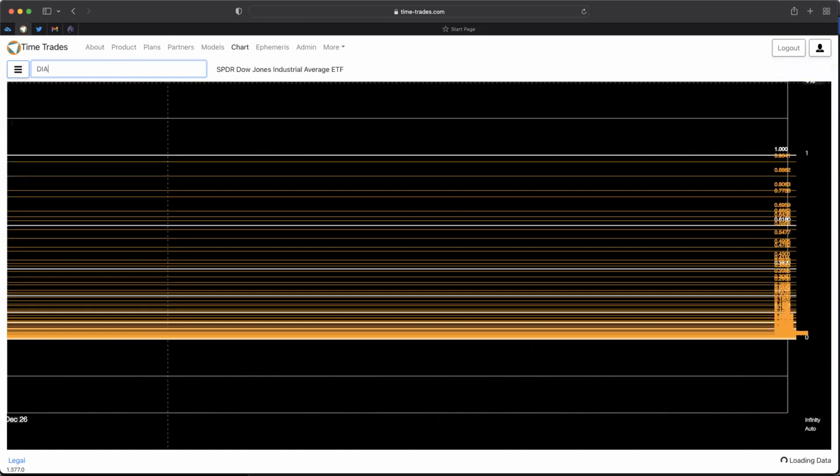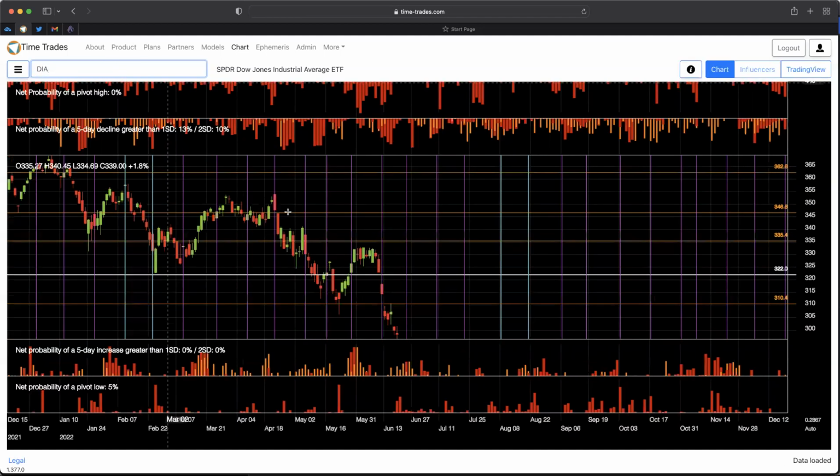Okay, so let's look at the diamonds. The diamonds are showing a pivot low on Friday or Tuesday, followed by some up days. And it looks like the down pressure returns a little earlier in the diamonds, June 27th. So there seems to be general alignment between the 3 major indexes.